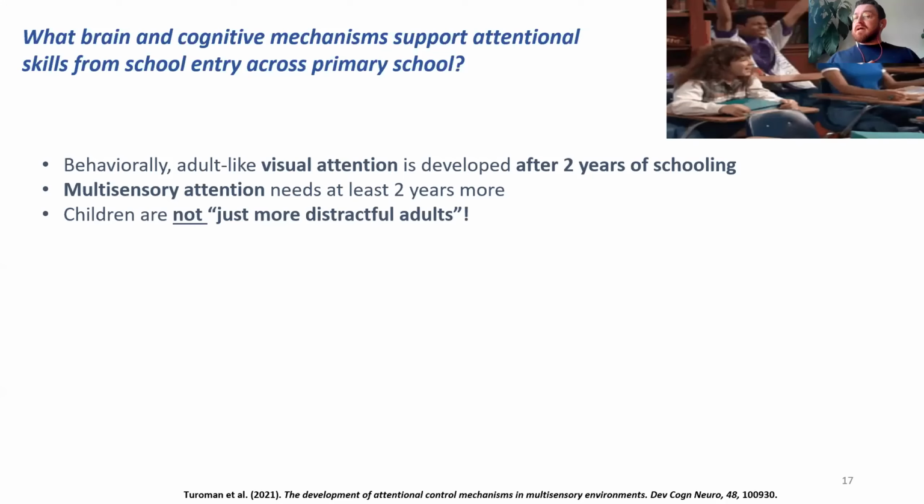It seems that in fact they are not, and while adults are more sensitive to distraction by multisensory information, this is less the case for younger individuals. So in a way, the limited ability to control their attention seems to be protecting them from multisensory distraction.